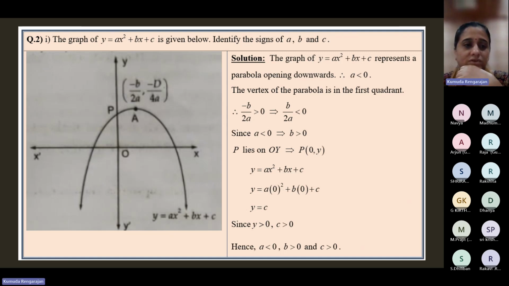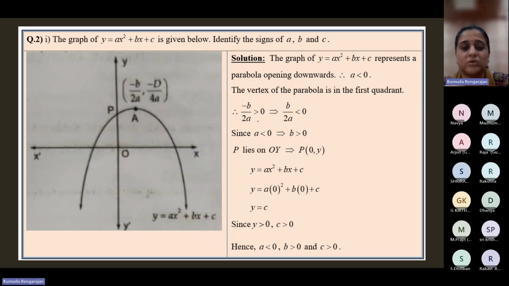Now here a graph is given to you. I'll share these images on WhatsApp later. So here we have a graph, and we need to identify the signs of A, B, and C from the graph. Now we'll understand all this in words, meaning here it's all symbolic.